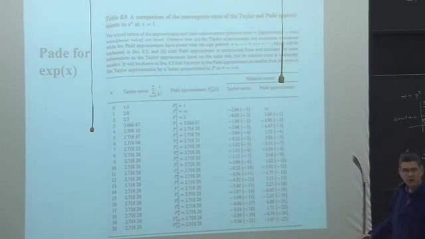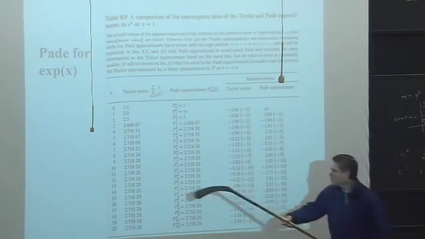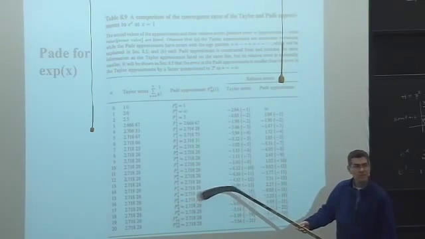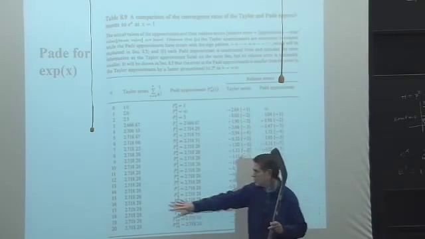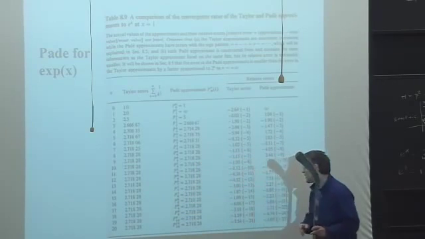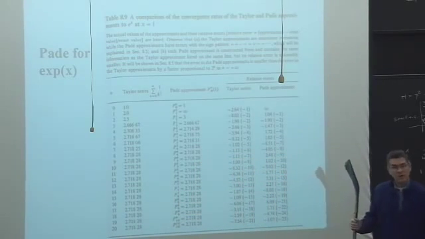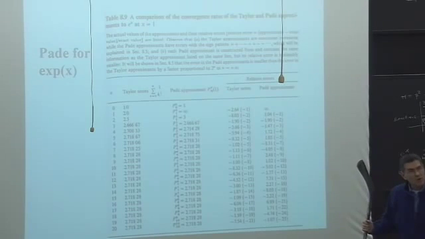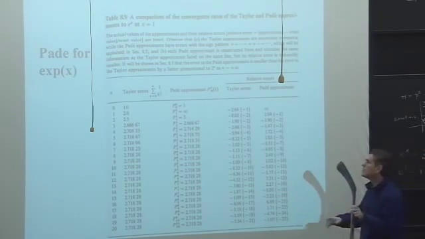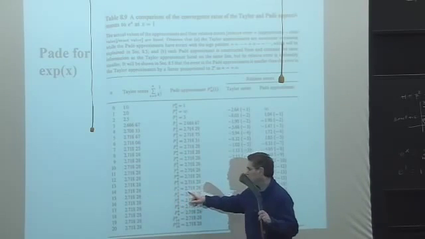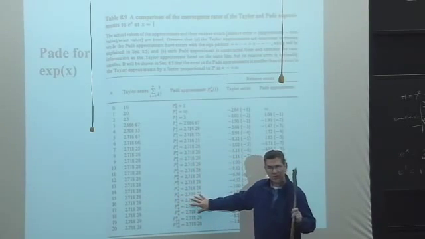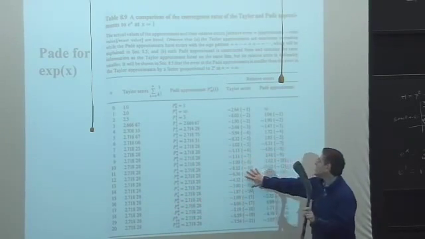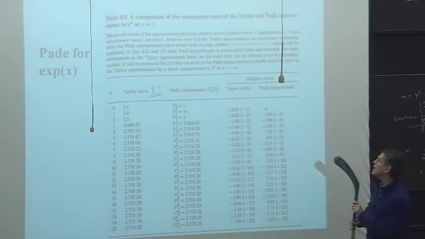And the question is, if you look at the Padés, these numbers look the same. But you can ask, what's the percentage error between the exact answer, e, and these numbers? Looking at these numbers is not really very useful. This is the error.